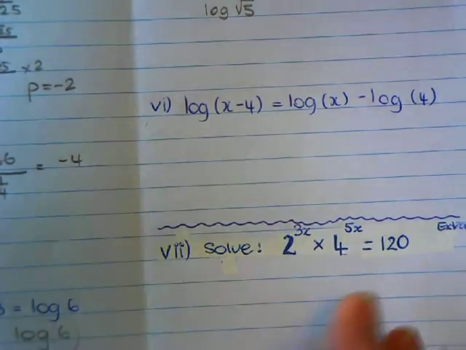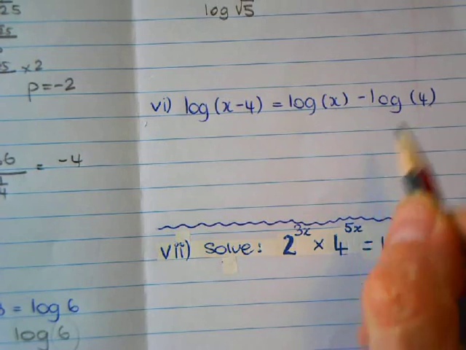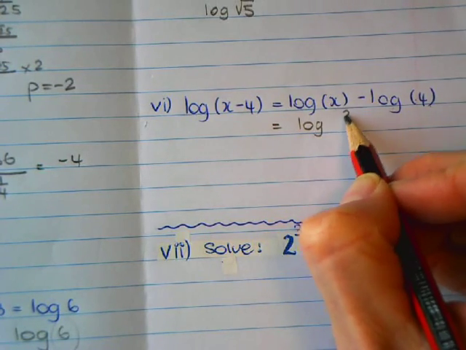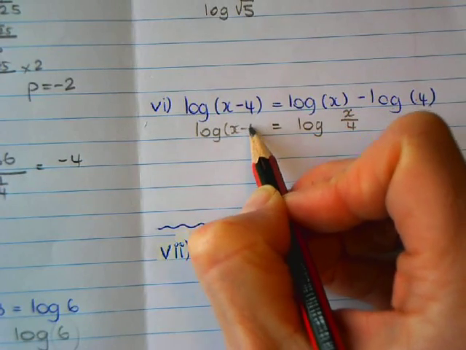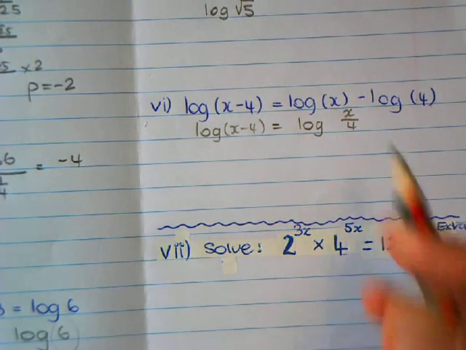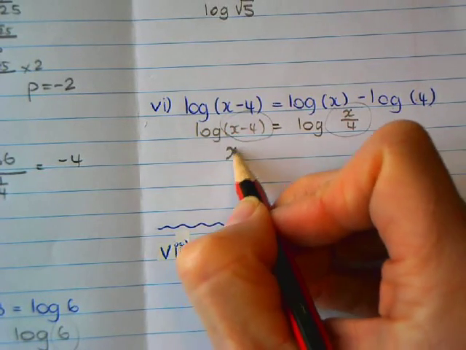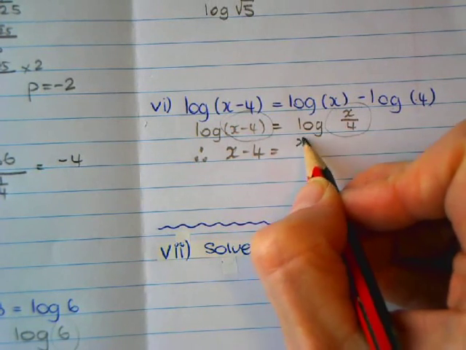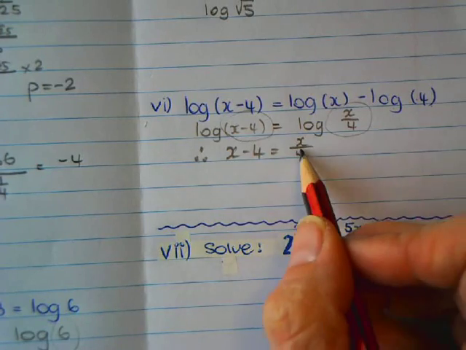Doing another one, but slightly more complicated. Log of x minus 4 equals log x minus log 4. So again, that really means log x over 4, log of x minus 4. So this part here must equal this part here. Therefore x minus 4 equals x divided by 4.